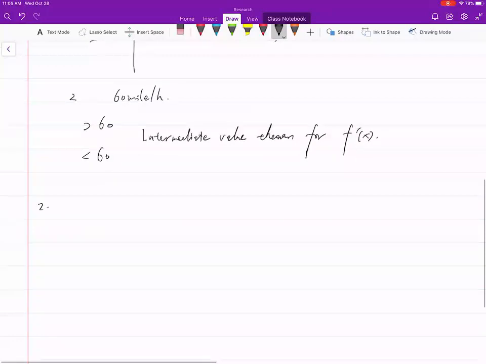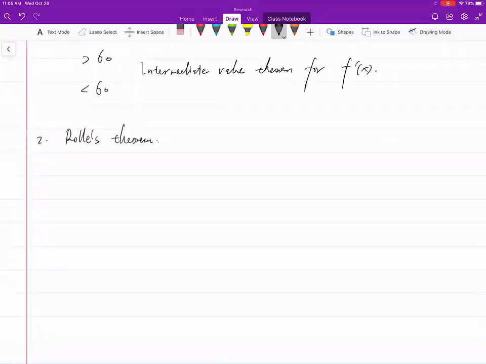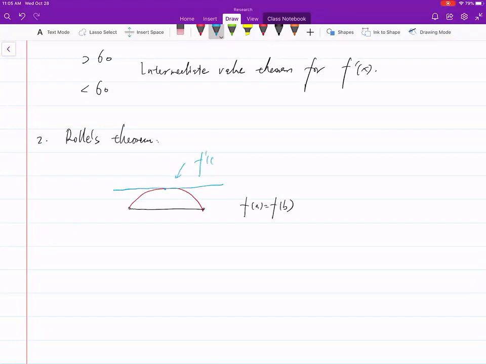Okay. Then we talk about Rolle's theorem, which is even easier to understand. That is, if f is continuous, differentiable, moreover, f(a) equals f(b), then the theorem says, no matter how you draw this line, somewhere, you have a horizontal tangent line.